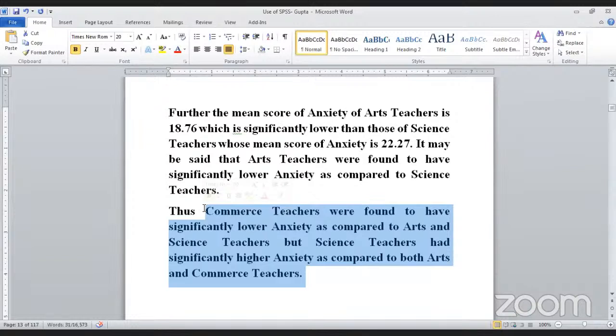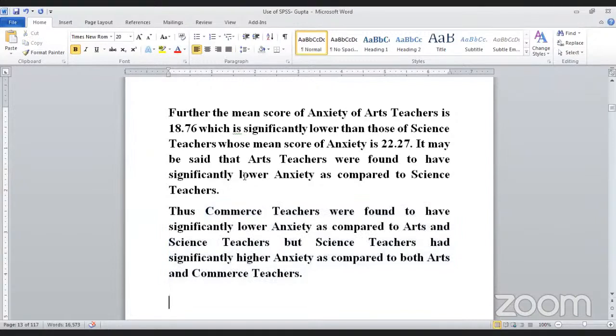Now, if you want the t-test, then you can do the t-test also, and you can interpret the t-test also. Is it clear now? Do you want me to analyze with the help of t-test also or not?